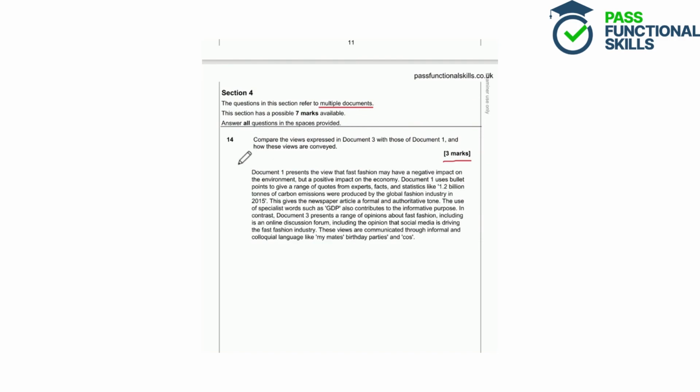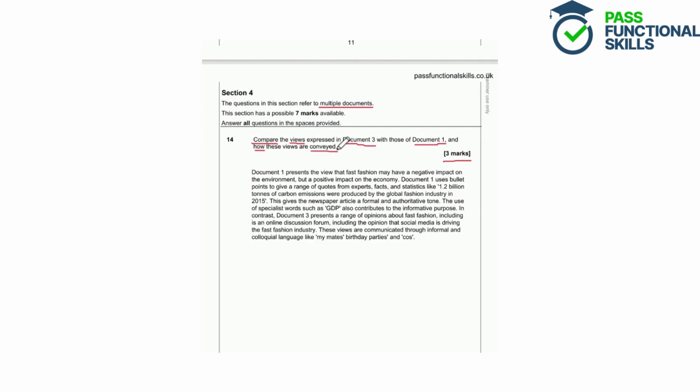So question 14, compare the views expressed in document 3 with those in document 1 and how these views are conveyed. So this question is kind of asking you to do 2 things. So firstly, it's asking you to compare, and it's asking you to compare the views expressed in document 3 and document 1, but also how the views are conveyed.